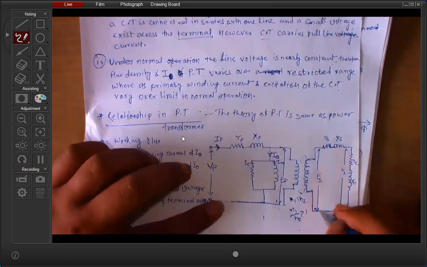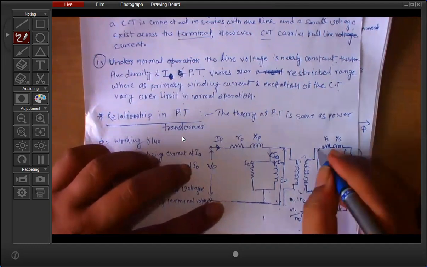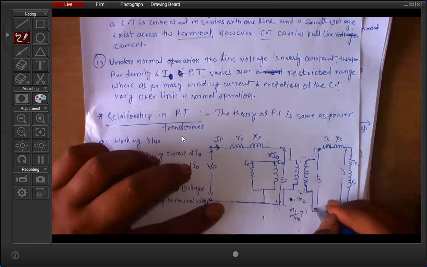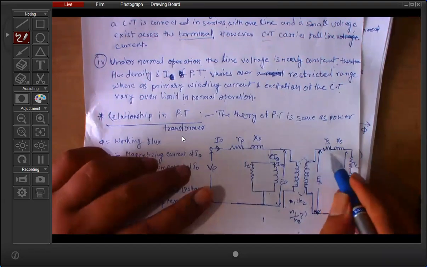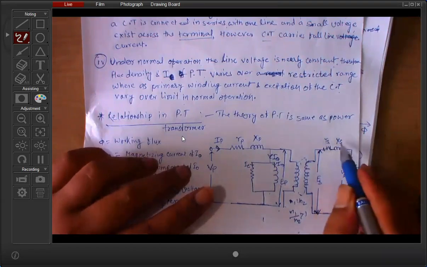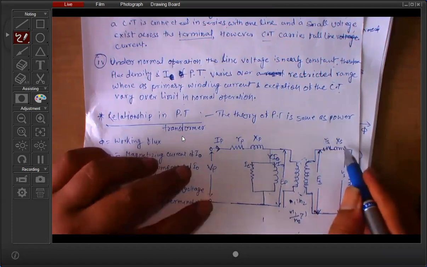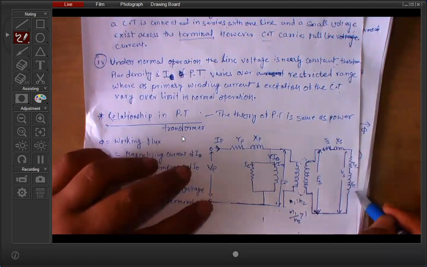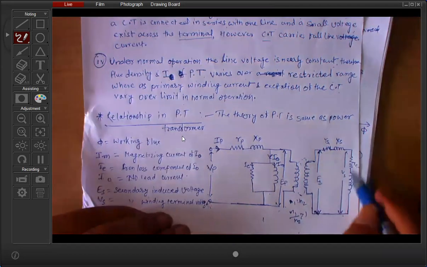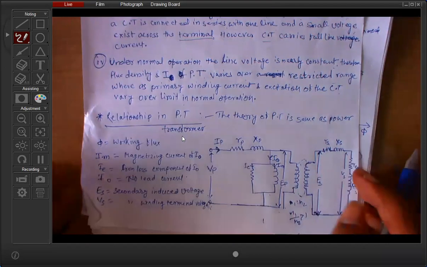Again, we have an induced voltage across the secondary winding due to Faraday's law of electromagnetic induction. Suppose RS is the secondary winding resistance, XS is the secondary winding leakage reactance, and suppose RE and XE are the load resistance and reactance connected across the secondary terminal of the potential transformer, and VS is the secondary side voltage.